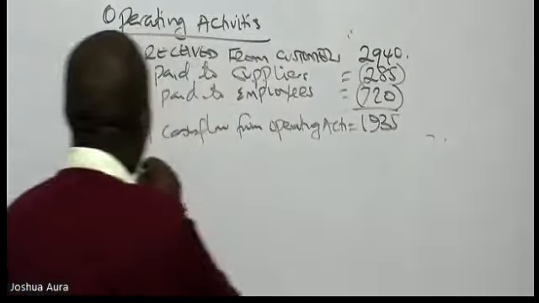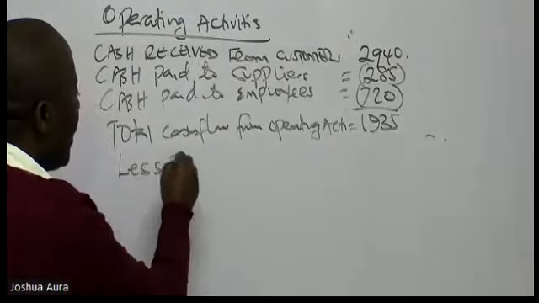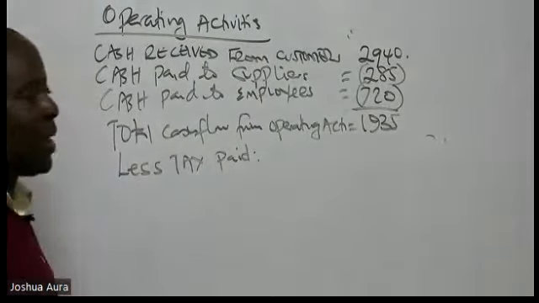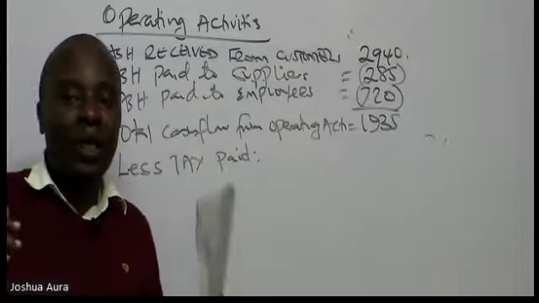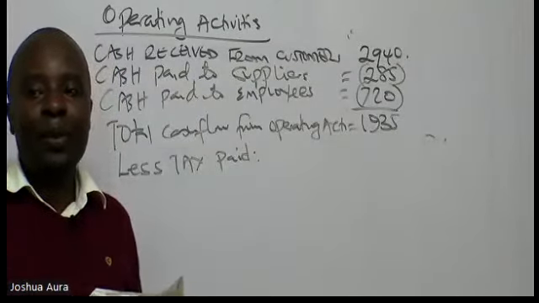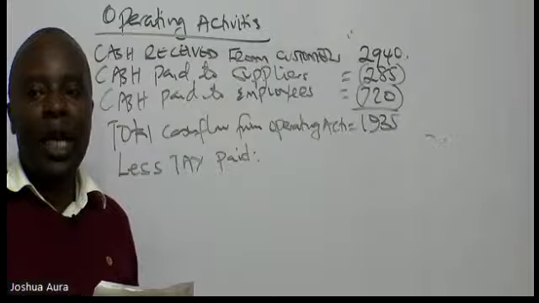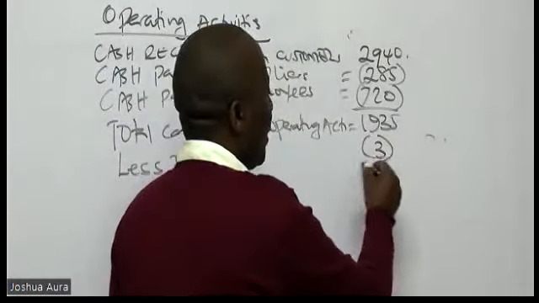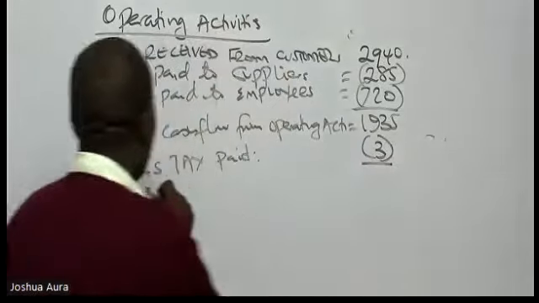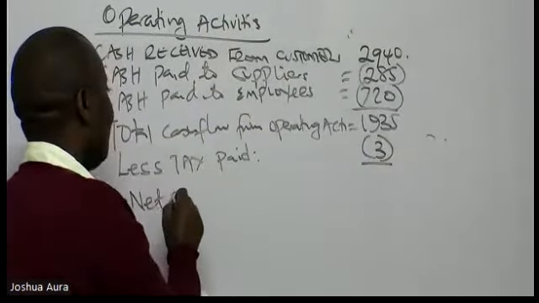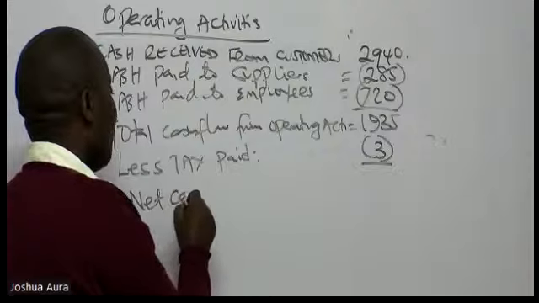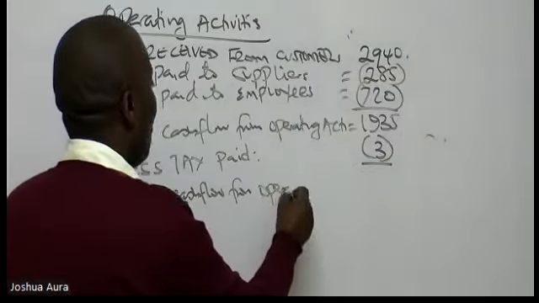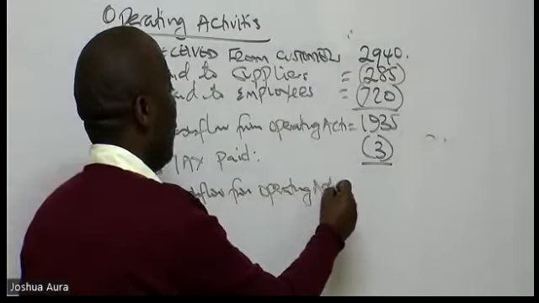1935, and then we shall come and less what here? We less the tax paid. We had already calculated this tax paid, if you remember; tax paid is 3. So when you subtract like that, you should be able to get the net cash flow from operating activities.